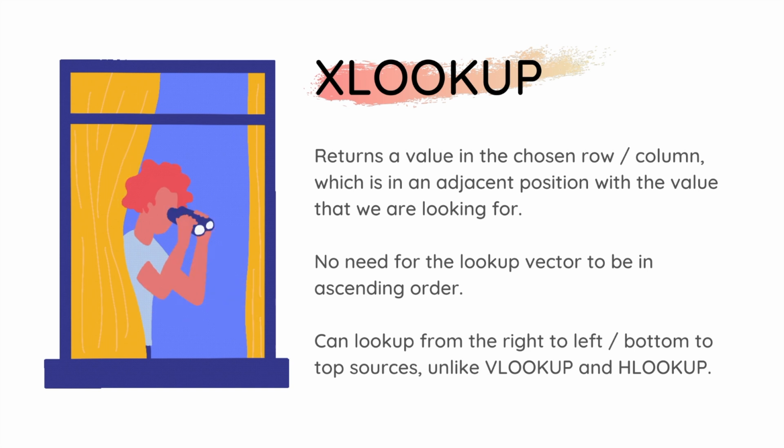And more than that, we can look up from right to left or bottom to top, unlike Vlookup and Hlookup, where the lookup value source is from the leftmost portion of the columns or topmost portion of the rows. The last one is also applicable to the Lookup function, but again, we are restricted with having the lookup vector in ascending order.